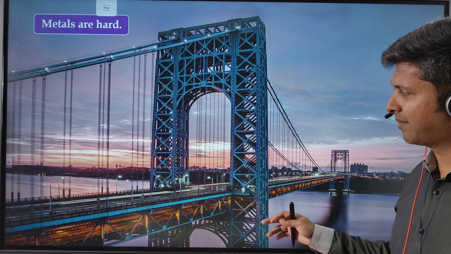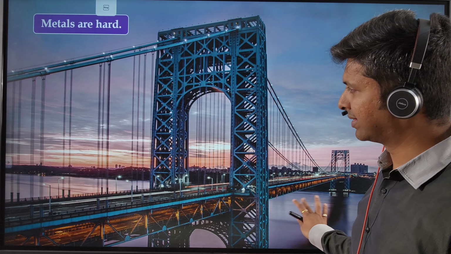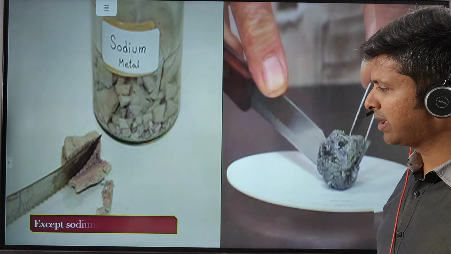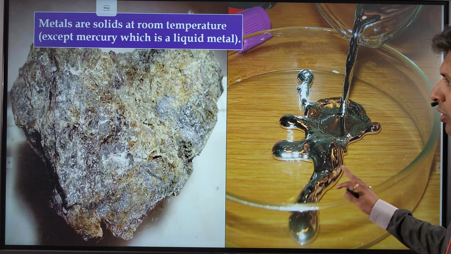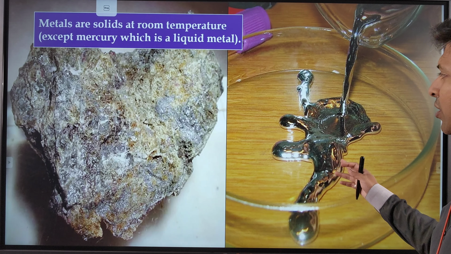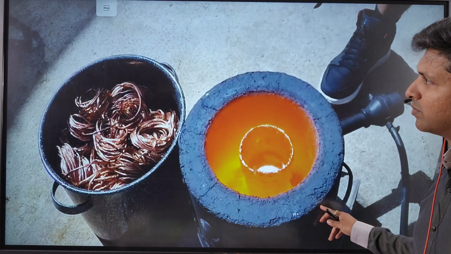Because they are hard, we can use them as infrastructure materials, as they have integral strength. Even mercury is not hard, because it's a liquid at room temperature. So metals are generally solid, but mercury is a liquid at room temperature.